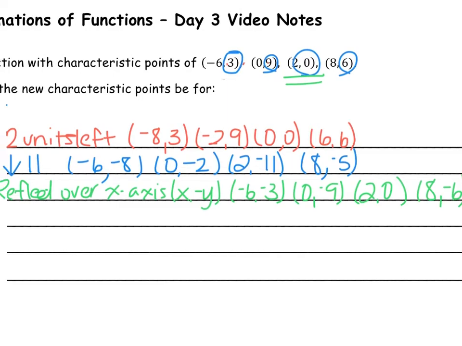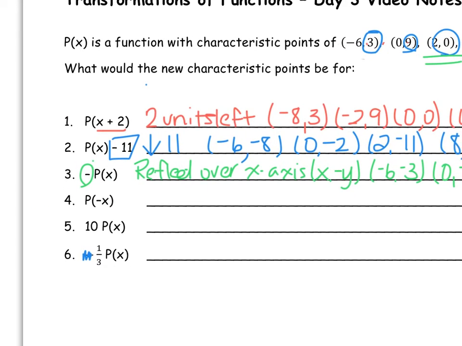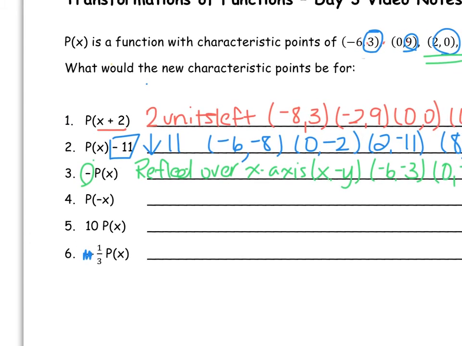So if we look at example number 4, this time it's p of negative x. If the negative out in front of the function reflected over the x-axis, p of negative x is going to reflect over the y-axis. And that means negative x and then y.